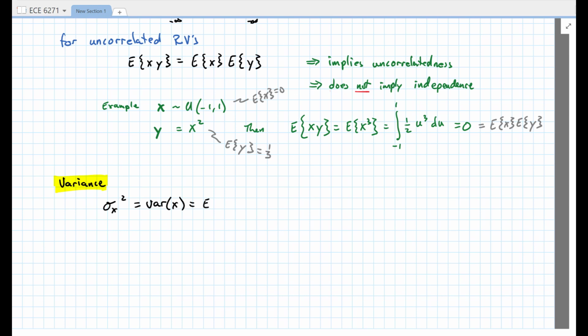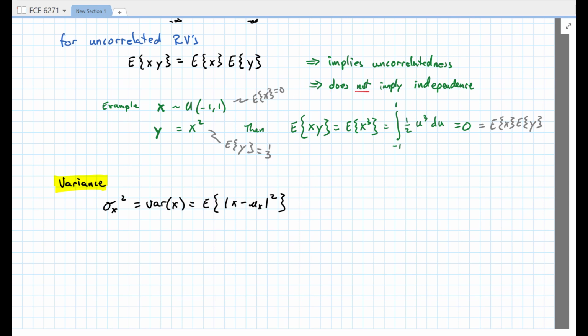And if you have a zero mean random variable, then variance and covariance can sometimes get mixed up with correlation.